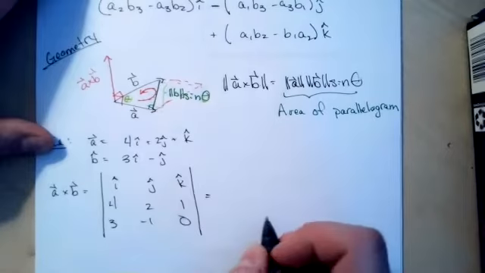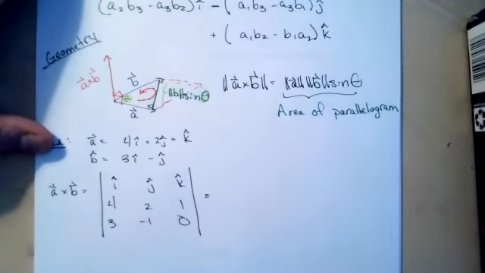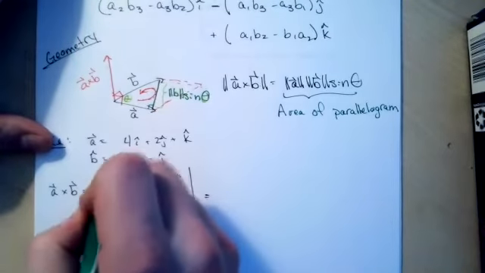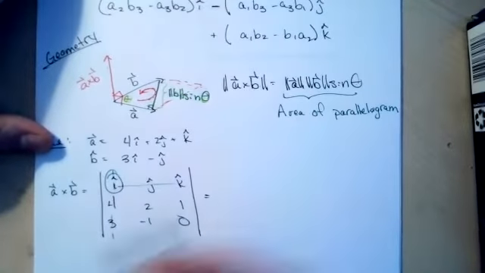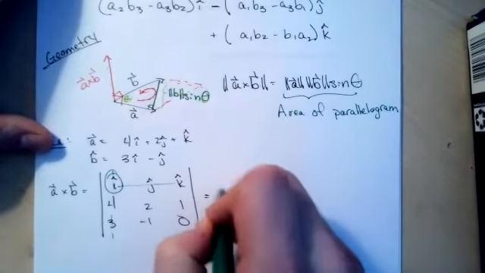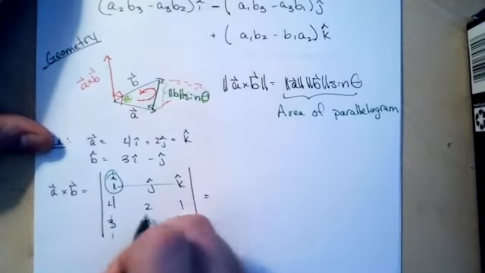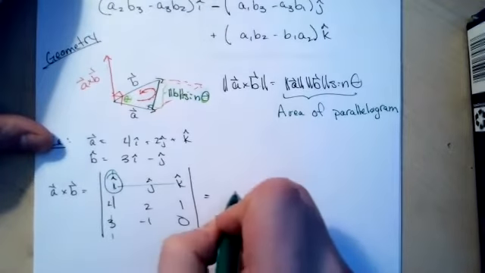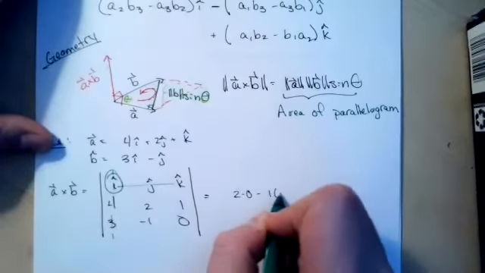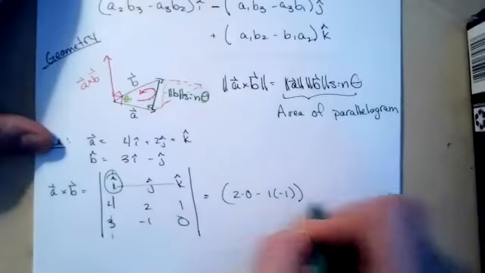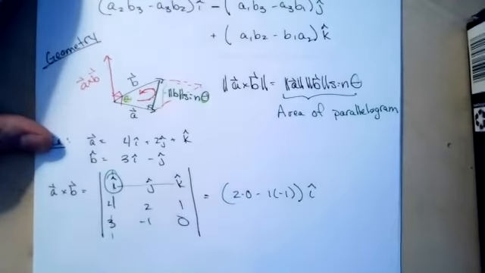And so when we compute that, we're going to start with our I. Here, I'll do colors now. Let's do our I. So we eliminate that first row, first column. And so in our I direction, we're going to want the determinant of our submatrix. So we're going to have 2 times 0 minus 1 times minus 1. That'll be our I component.